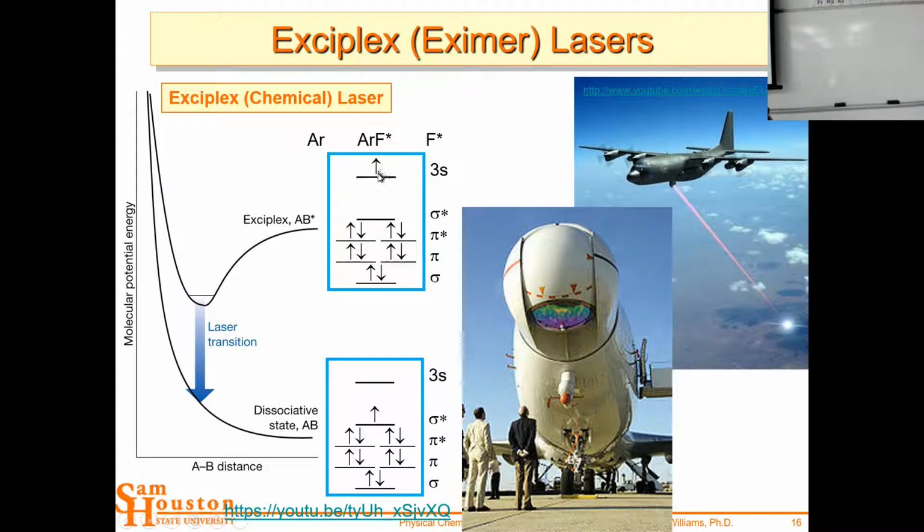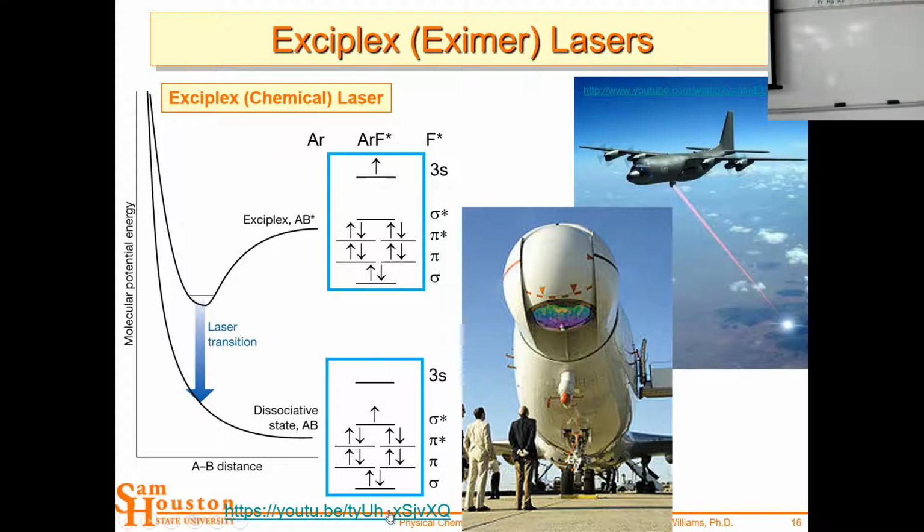So this electron is up on a 3s orbital on the fluorine. So it's non-bonding. It's on the fluorine. And then the remaining orbitals, you have a bond order that's strong enough to hold that complex together. When that emits, that electron goes down into this sigma star, and you end up with a bond order of about a half, but it has enough energy to dissociate. And so you have no molecules in the ground state.